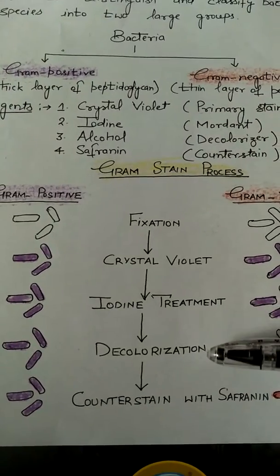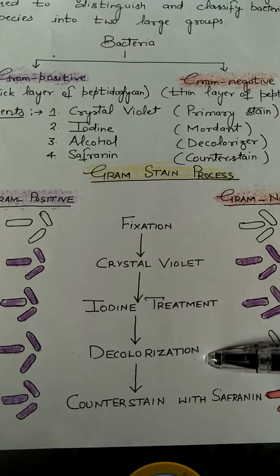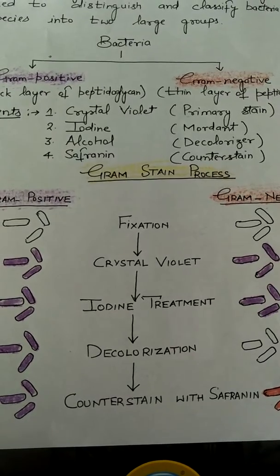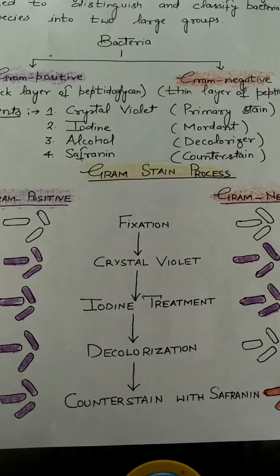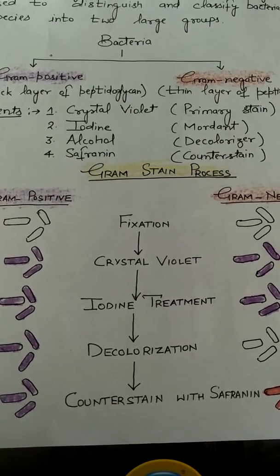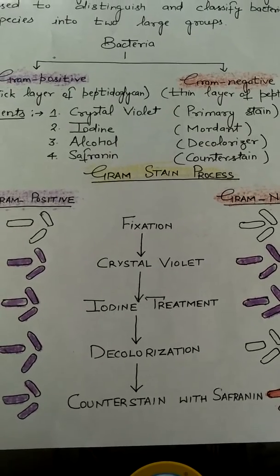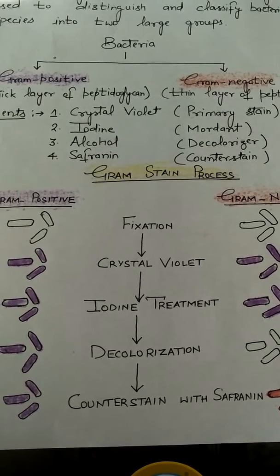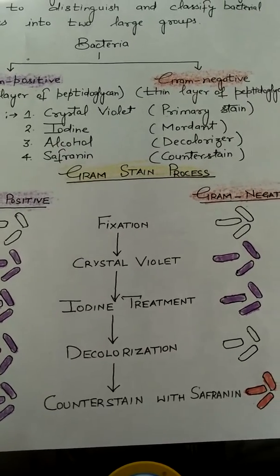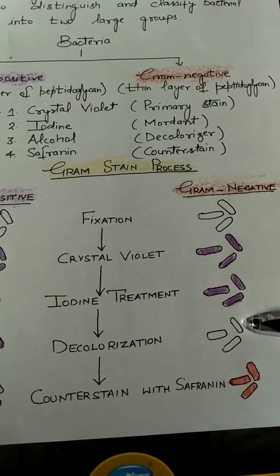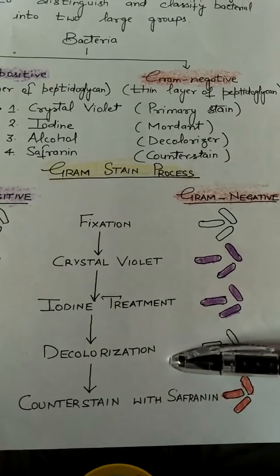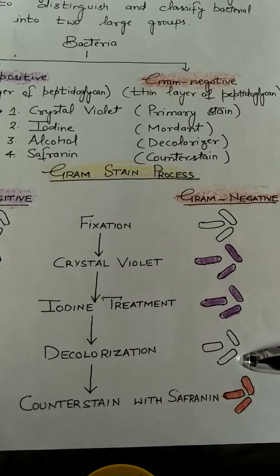And the fourth step is decolorization. So a decolorizer such as ethyl alcohol and acetone is added to the sample. Since gram-negative bacteria have thin peptidoglycan layer and have additional lipopolysaccharide layer which gets dissolved due to addition of alcohol, so bacteria gets decolorized as the complex is washed away. So you can see that gram-negative bacteria after this step, right, they appear colorless.